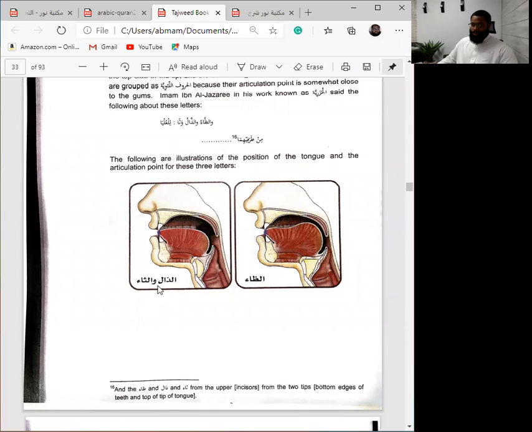The difference between these two letters, dhal and tha, is that dhal is a voiced letter, an apparent letter. Tha is a whispered letter. Dha has isti'la, where you see the tongue in the back rising.